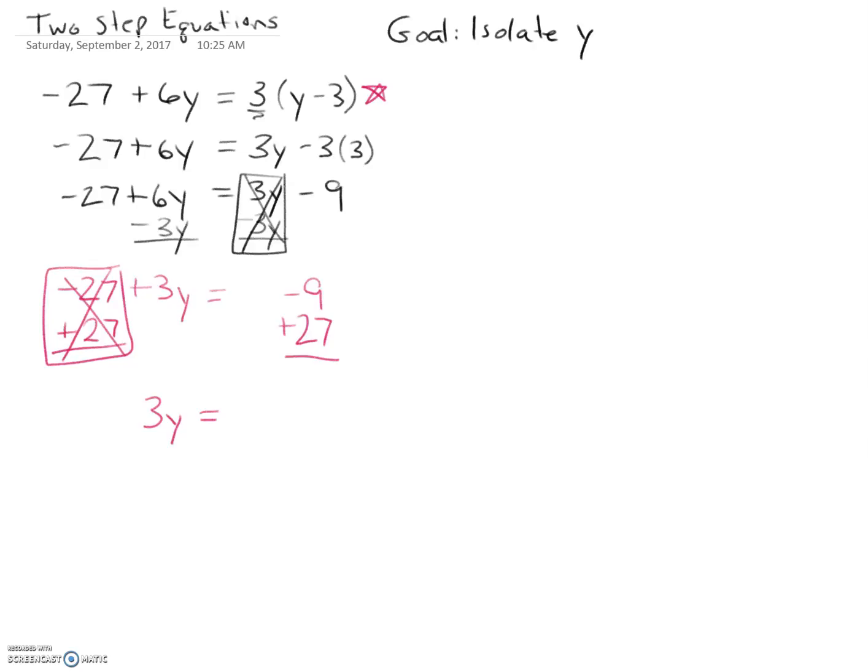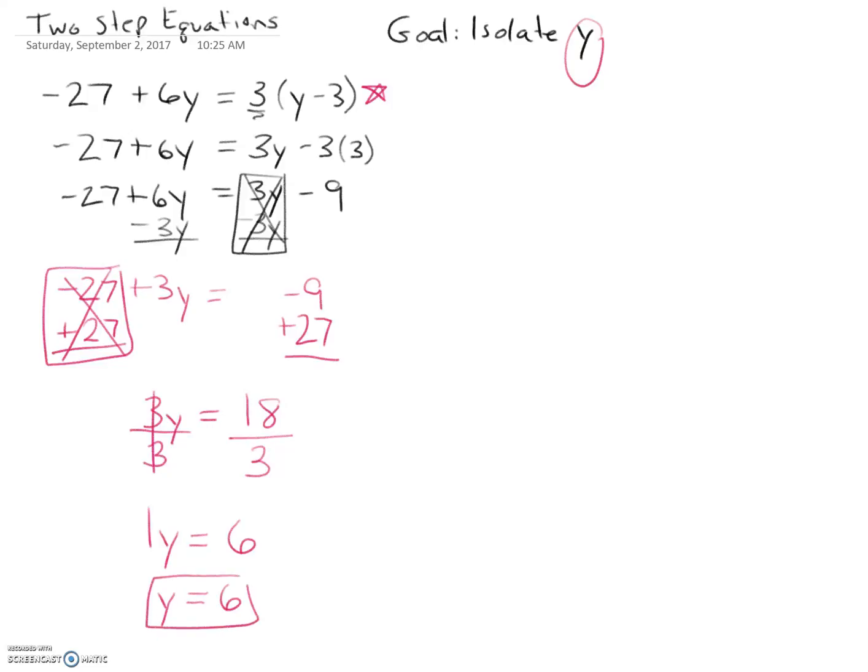And then negative 9 plus 27 is 18. And now 3 times y equals 18. We're not completely done because we haven't isolated y. We just want to say y equals. So the opposite of multiplying is dividing. And 3 divided by 3 we know is 1. So I really get 1y here. 18 over 3 is 6. And we know that 1y is the same as just saying y equals 6.